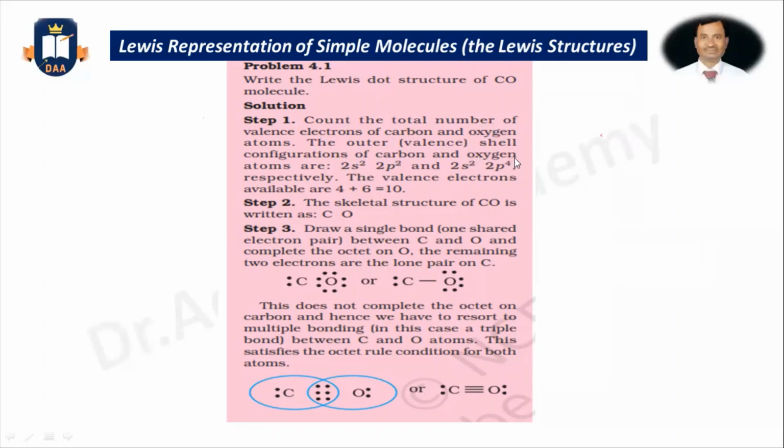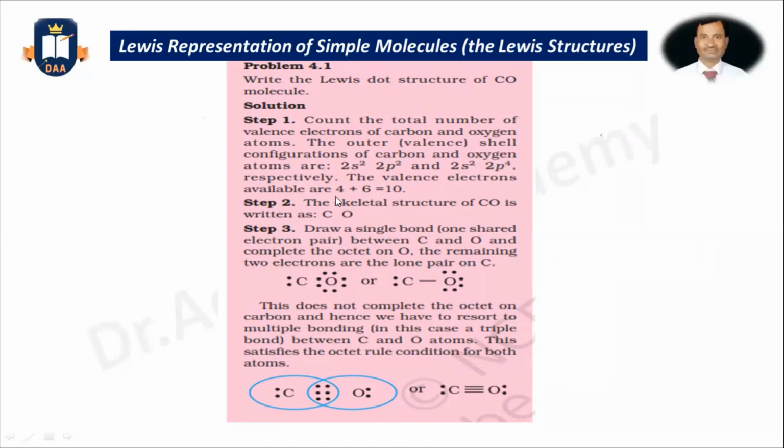And for oxygen, what is the outer shell's electronic configuration? 2s2, 2p4. So the number of valence electrons is 2 plus 2, 4 for the carbon atom, and 2 plus 4, that means 6 electrons for the oxygen atom.